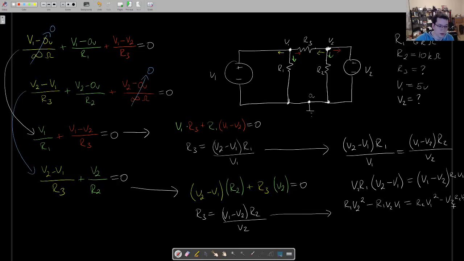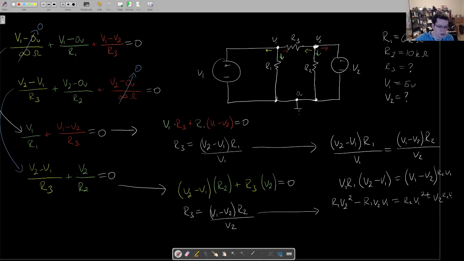Then over here, this solving for V2, R1 V2 squared minus R1 V2 V1 minus V2 R2 V1, R2 V1 squared.